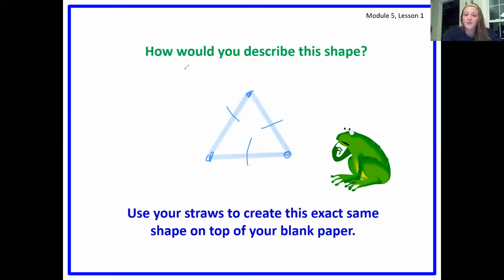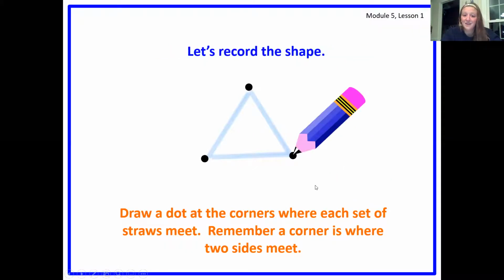So what I want you guys to do is, if you've made this, I want you to put dots on the corners like this. This is the corners where each set of the straws meet. Remember, a corner is where the two sides are touching, okay? They're important because they help us describe the attributes. Corners are an important attribute.